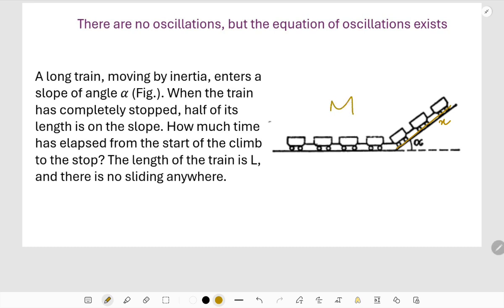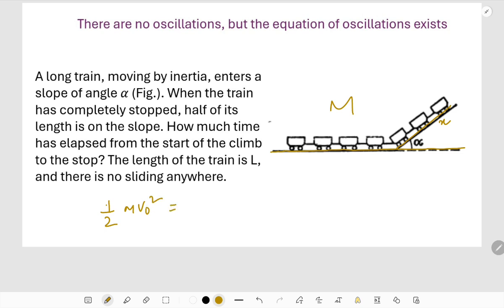And I would like to take the datum here, so that potential energy here is equal to 0. So it has only kinetic energy at the start of motion, at the moment when it started to climb the hill. So its initial kinetic energy I can write here as half m v naught square.